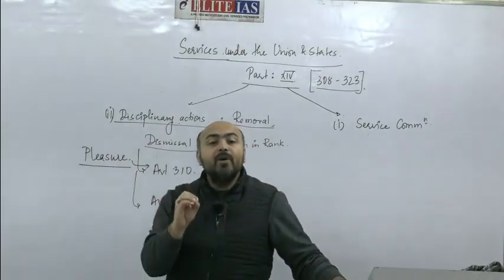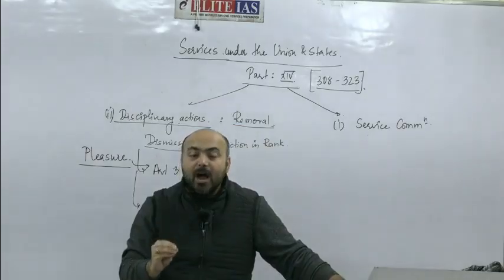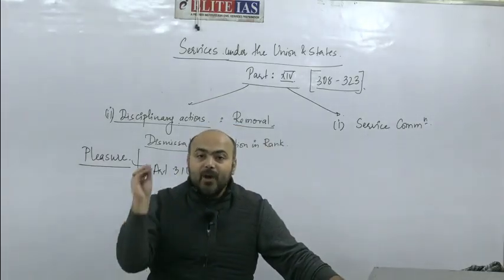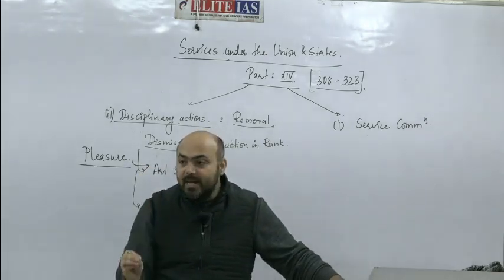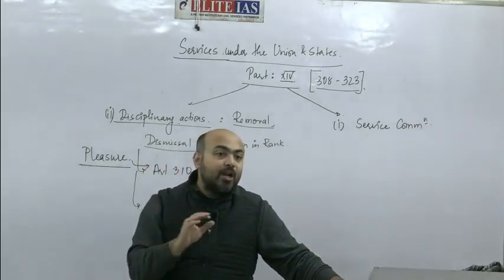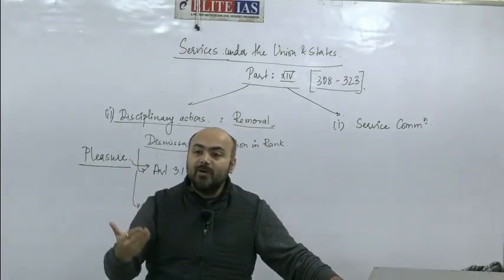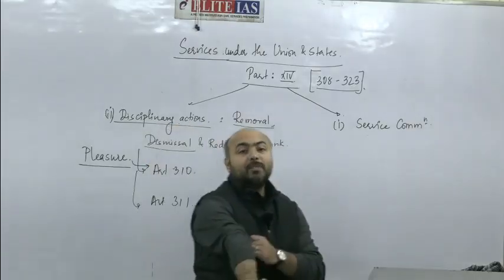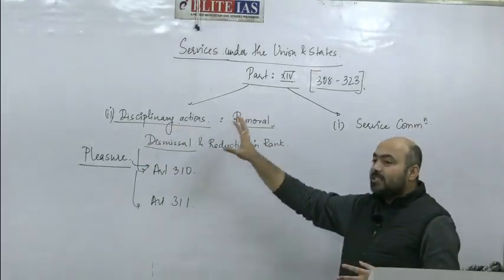So the members of All India Services and the members of Central Services appointed by the President can only be removed by the President, by no authority other than the President, because no one is above the President. Clear?